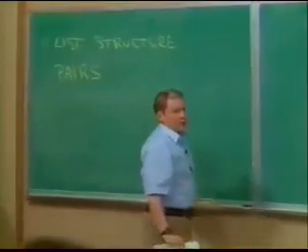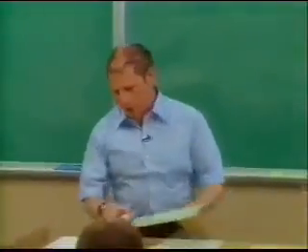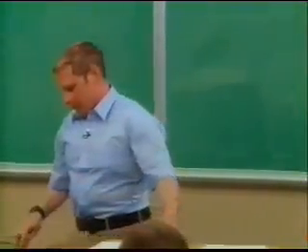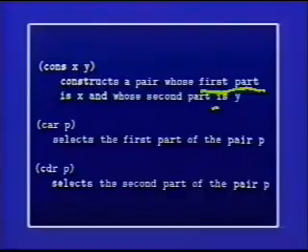There's a primitive operator in Lisp called cons. We can take a look at it. Cons is an operator which takes in two arguments, x and y, and it returns for us a thing called a pair, that has a first part and a second part.